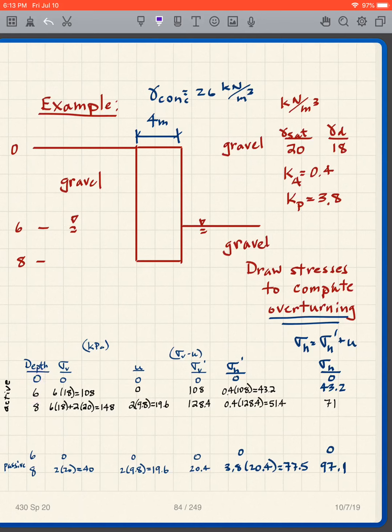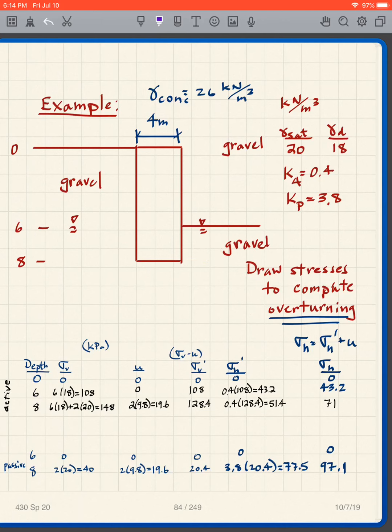The slope has a discontinuity, but the value doesn't have a discontinuity. So we only need 0, 6, and 8, not 0, 6 minus, 6 plus, and 8. Why? Because it's all one soil, and we only have one Ka, so there's no reason to put 2 in there. And then we do the passive region, which is over here, 6 and 8.